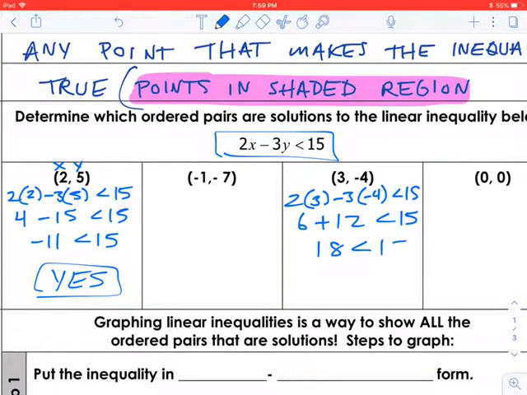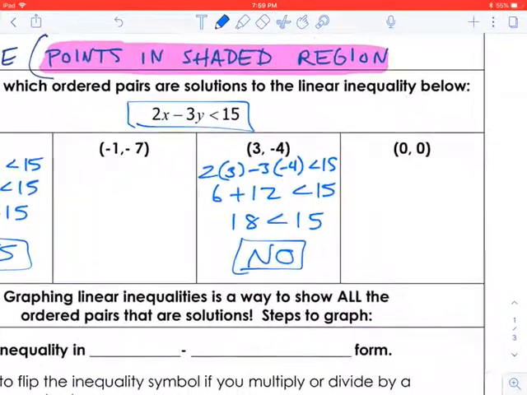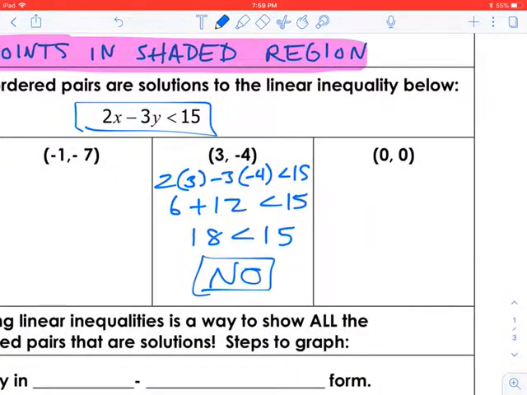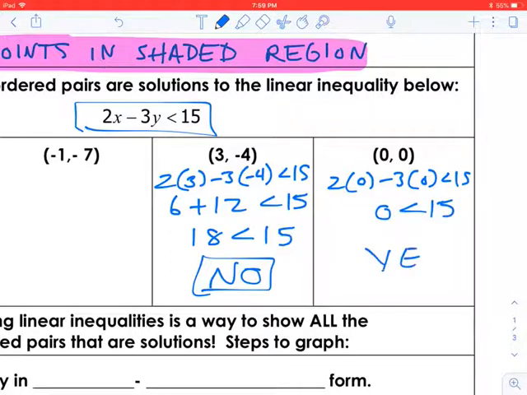Is 18 less than 15? No. So that is not a solution. And then 0, 0 is pretty easy because we just go 2 times 0 minus 3 times 0, less than 15. Well, 0 minus 0 is 0, which is less than 15. So 0, 0 would be a solution. Okay? That's how you do it algebraically.